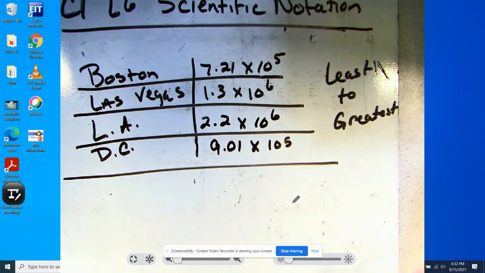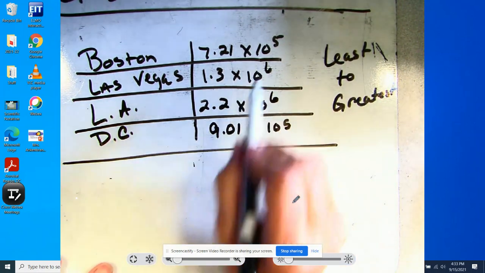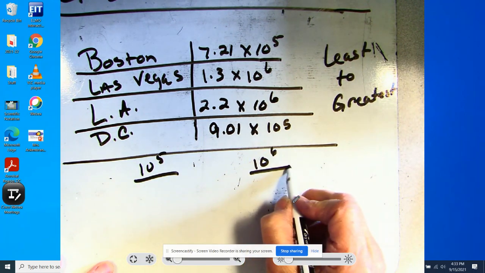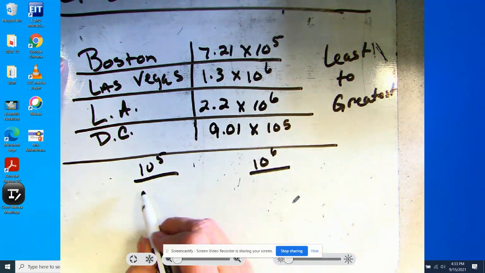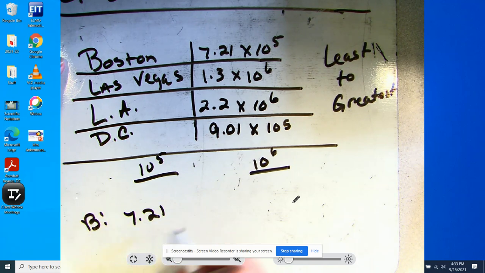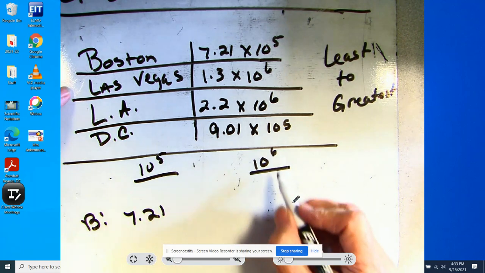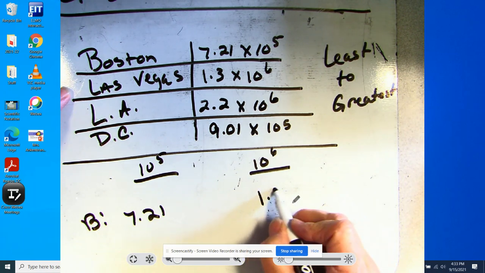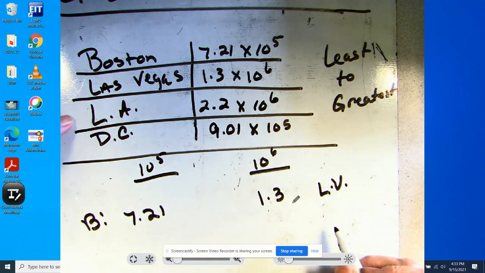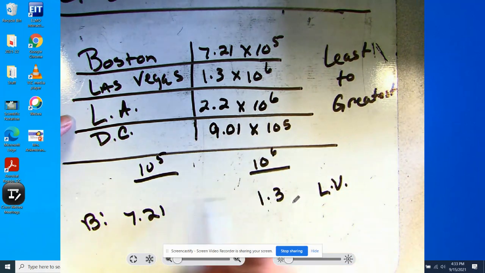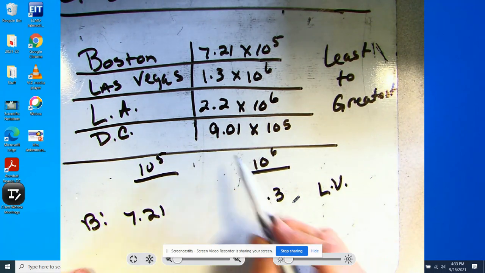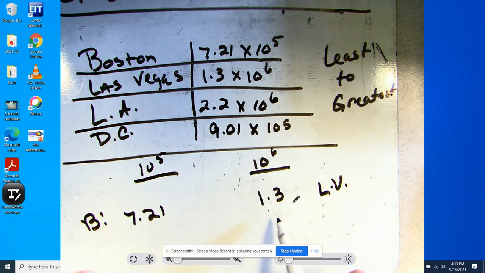Okay, least means smallest. So our smallest exponent is 10 to the power of 5, then 10 to the power of 6. So Boston is going to come under here on 10 to the power of 5. So 7.21, I'm just going to put a B, is here. Las Vegas is going to come over here, 1.3, and this is going to be Las Vegas. Los Angeles is at 2.2 under the 6. If we want to go least to greatest, do I put the 2.2 above or below?